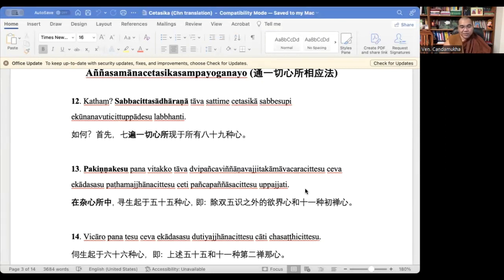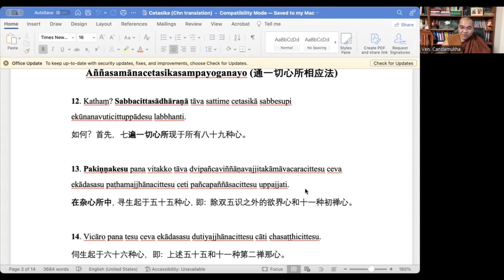That is one method. Among the 6 Pakinnaka Cetasikas, we have Vitakka. In Vitakka we get one method. It means the Vitakka Cetasika associates with 55 Cittas and dissociates from 66 Cittas.